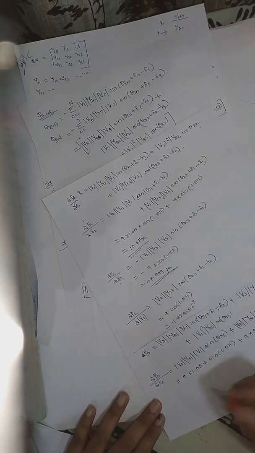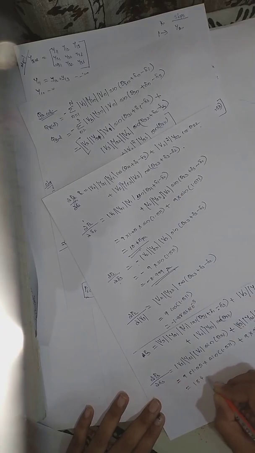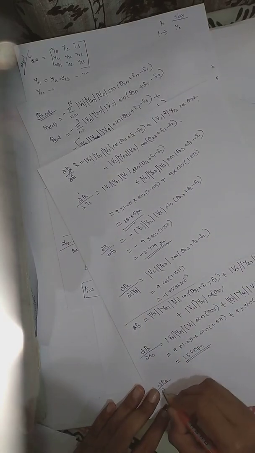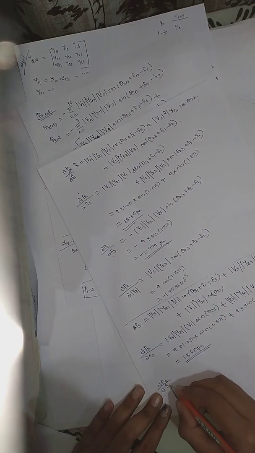This is the same as the earlier term, so dou P3 by dou delta 3 will be equal to 18.45 per unit.